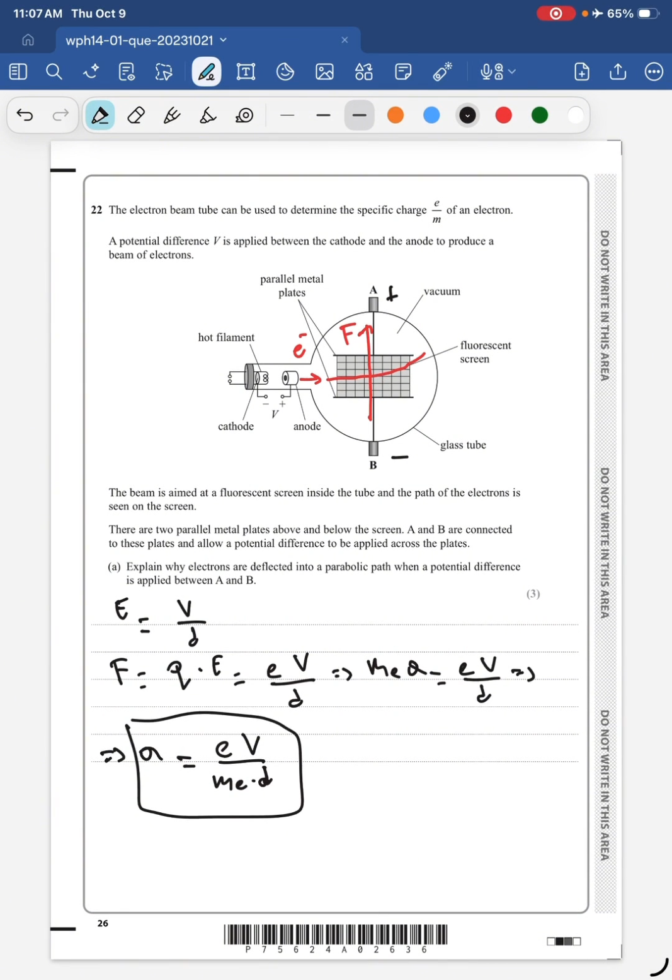And in the y direction we will have, remember the SUVAT equations from back in the day from unit 1, s is given by the initial velocity times t plus 1/2 a t squared. And this is a parabola, guys. I mean, this part is a parabola, and I think that answers it.